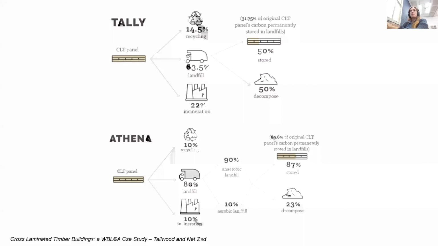So in Tally, for example, they assume that 50% of the panel is stored in a landfill and combusted for energy and actually finds its way out of the system, where 50% is left to decompose and carbon goes back into its cycle. In Athena, on the other hand, they say that only 23% decomposes and sends carbon back into the cycle.